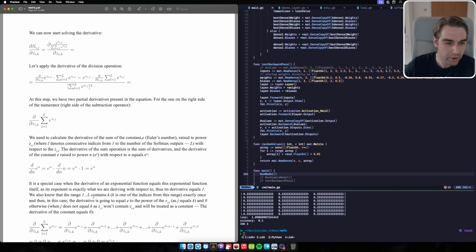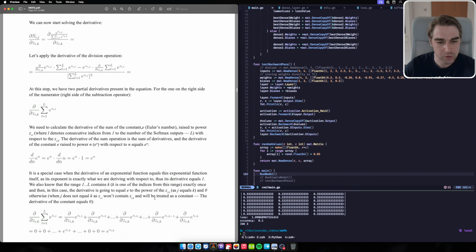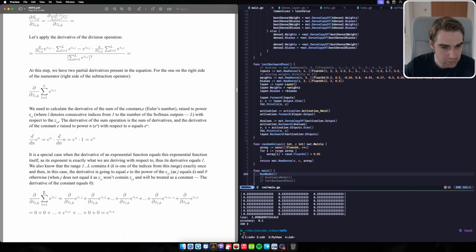Also note that the range 1 till L contains k, and k is one of the indexes from this range exactly once, so in this case the derivative is going to equal e to the power of that, and zero otherwise.